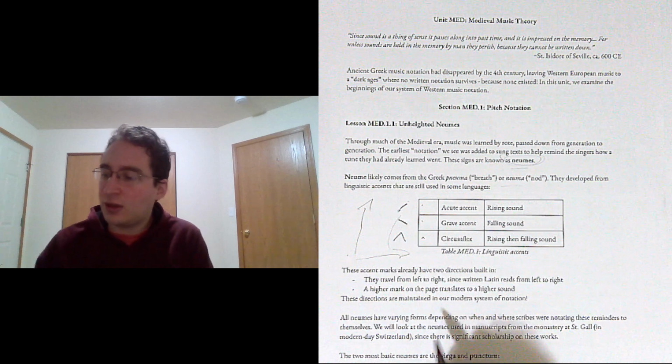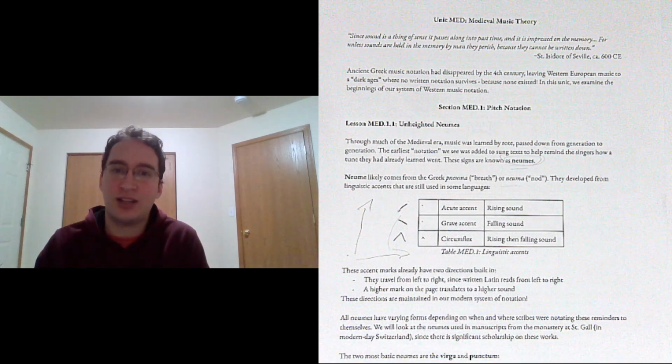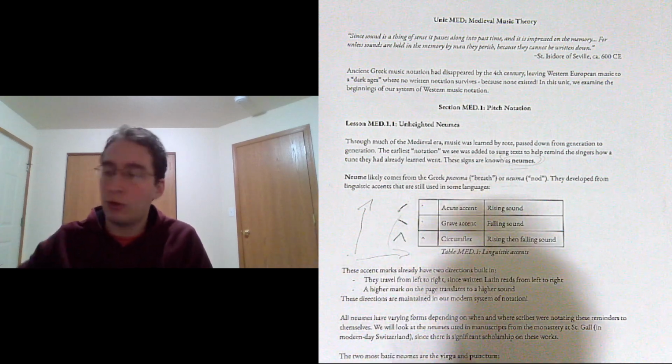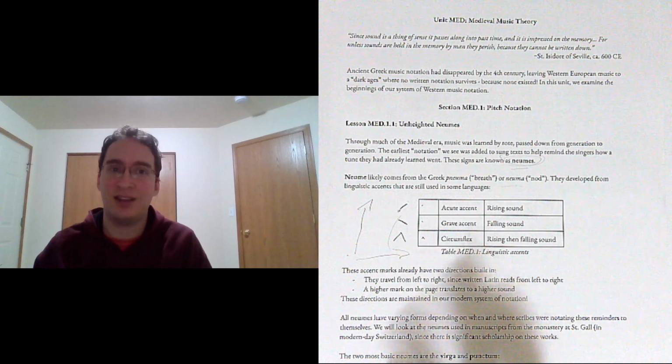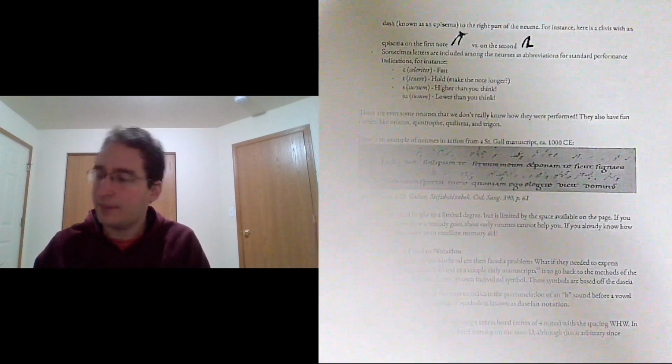So we're going to look here at the neumes used at St. Gall, a monastery in modern-day Switzerland, since there's a lot of scholarship on these works, and a lot of these principles will apply to other manuscripts. The visual forms might just be slightly different, so you'll have to spend some time figuring out the correspondences.